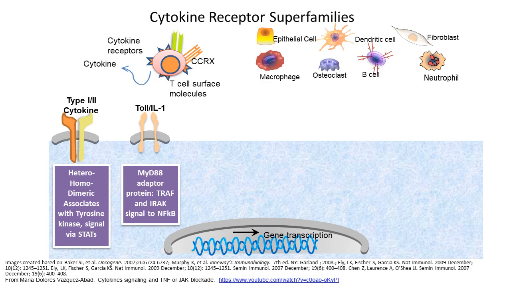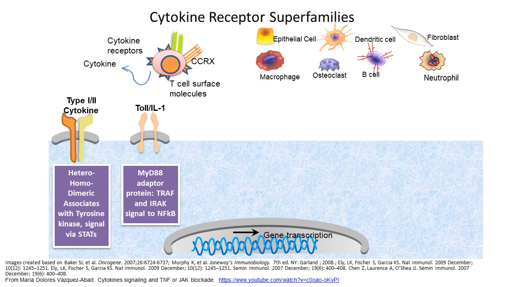The next group or superfamily is what we know as the toll-like receptors or the interleukin-1 receptor. This is the case that uses MyD88, which is a myeloid-derived cell line where this adapter protein was found, and it basically stimulates different kinds of kinases.